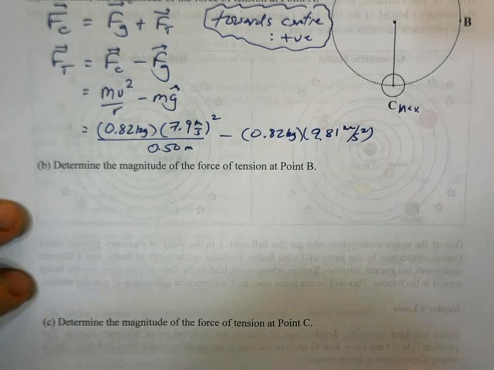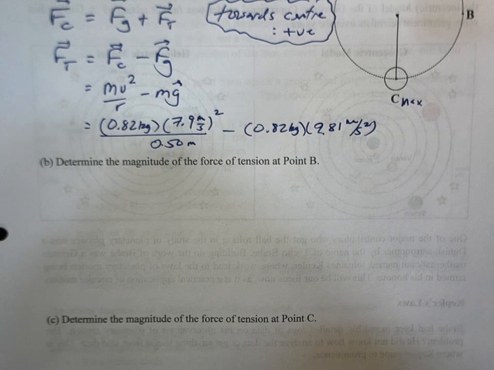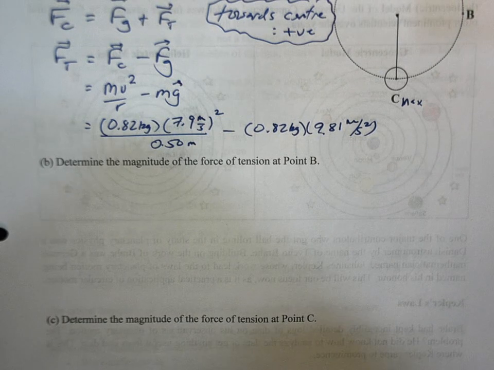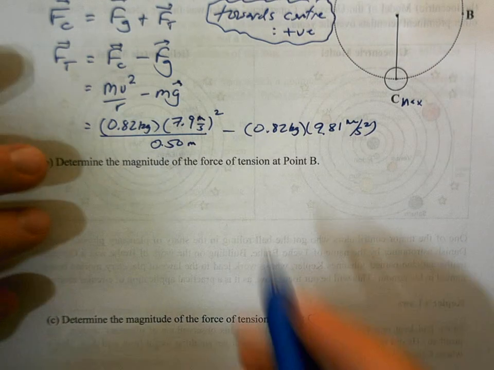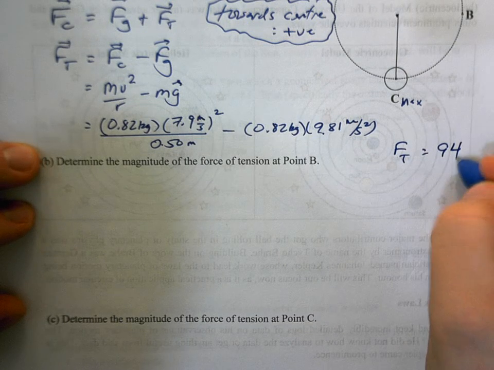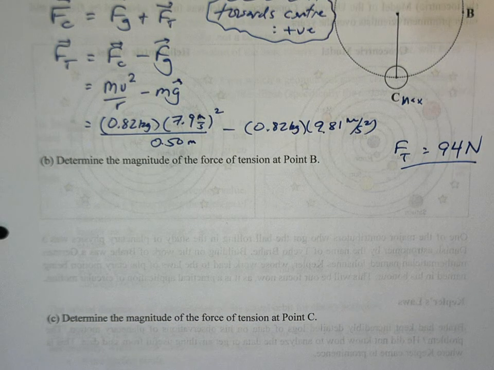Dividing this, I'm going to get that the magnitude of the force of tension at the top is approximately 94 newtons.